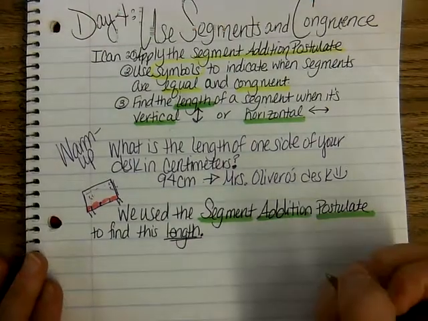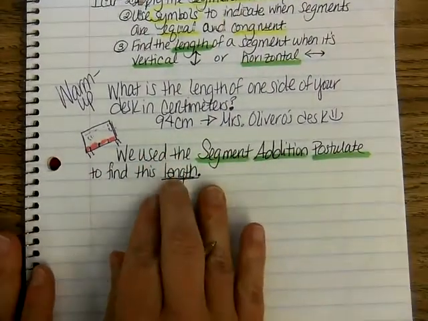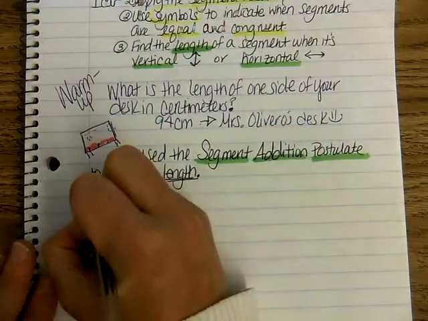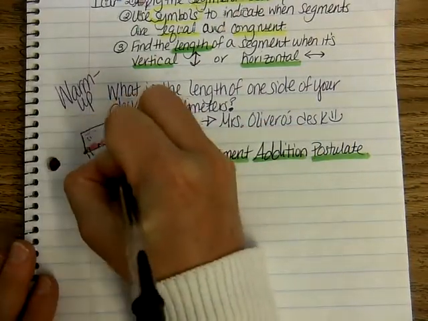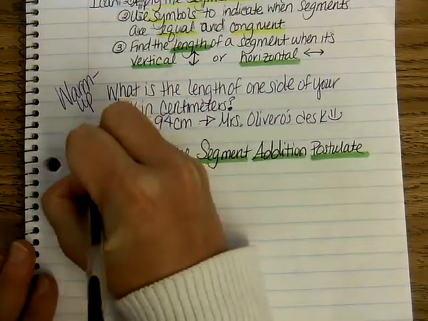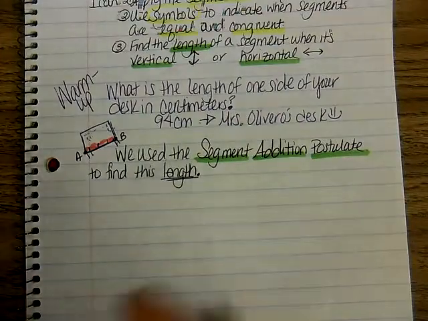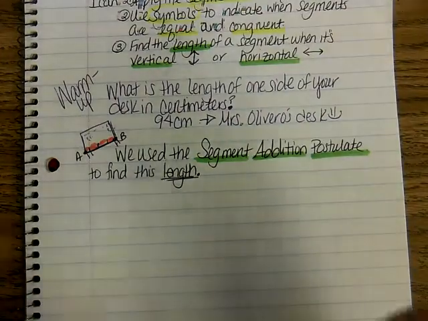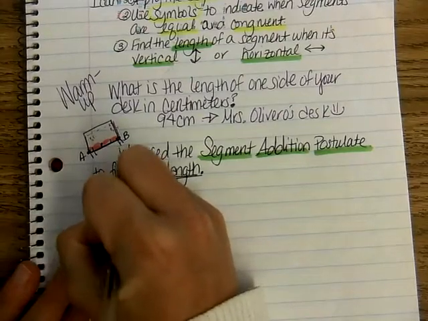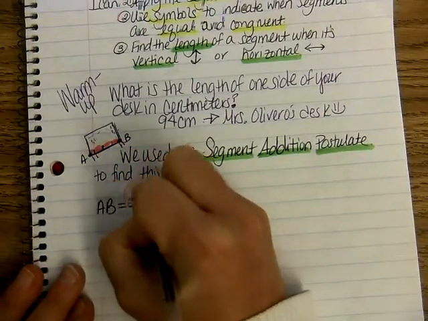So in order for us to talk about a segment and its length, meaning that it was an actual value, an actual number, let's say that the length of my desk was AB. In order to find the length of AB, or to write it using the language of geometry, we would say that the length of AB is equal to 94 centimeters.